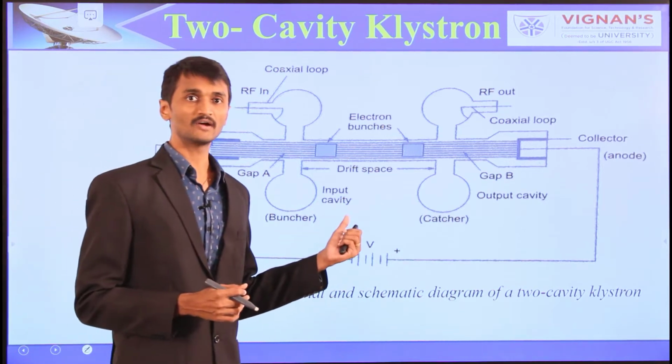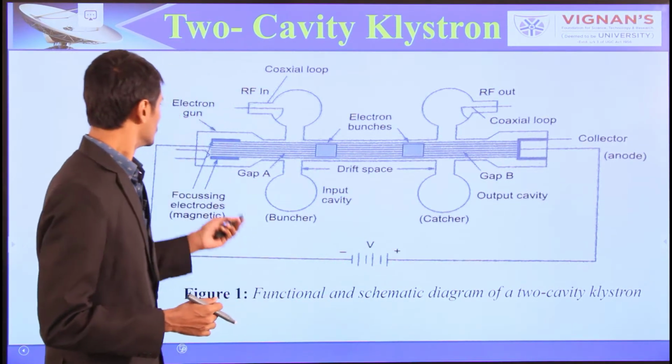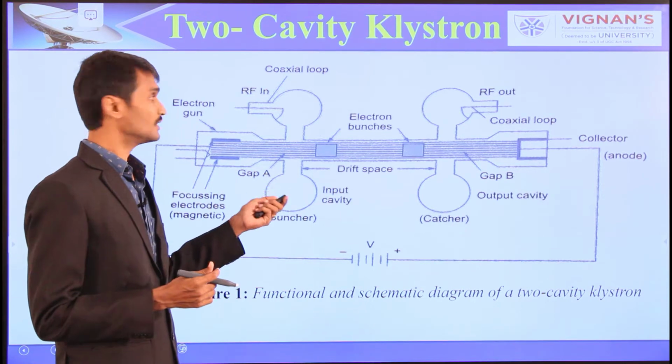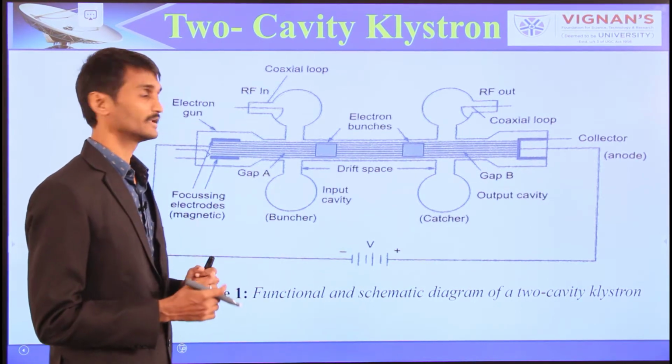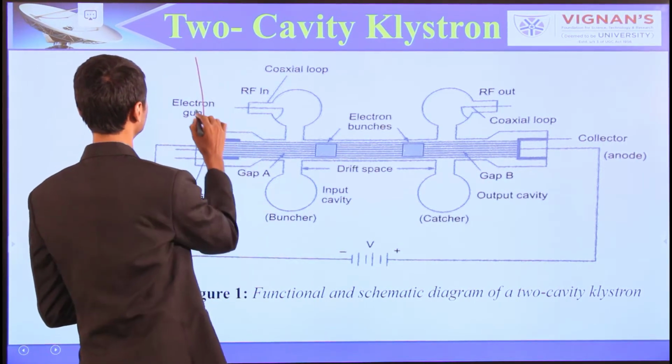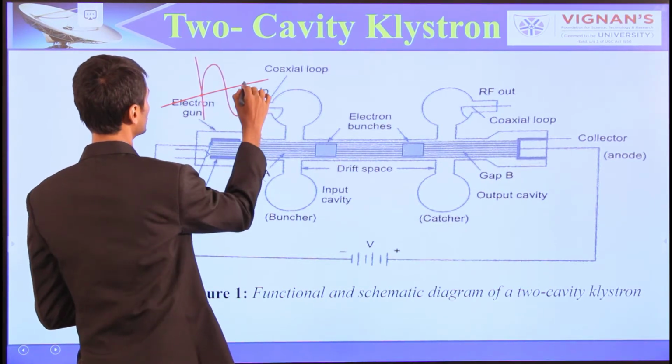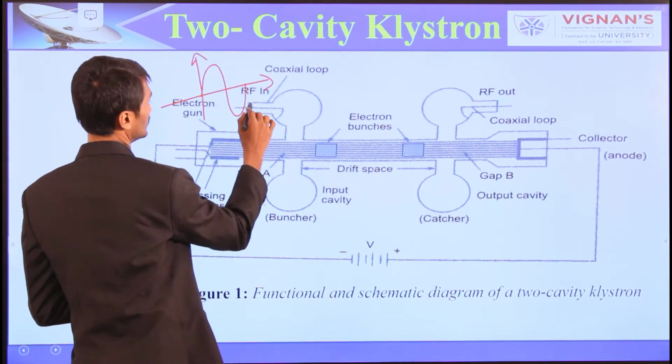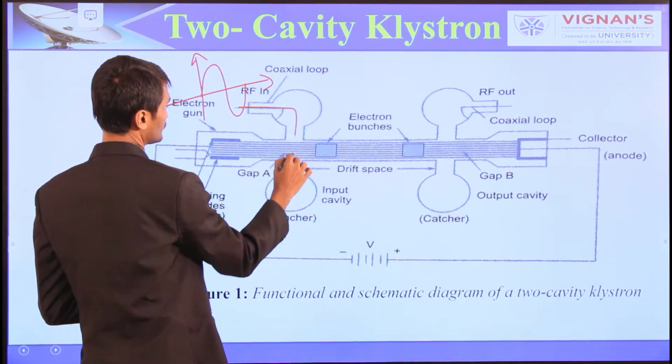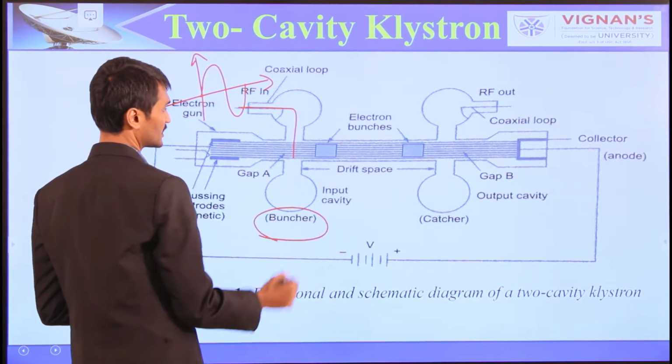So here it is the two-cavity klystron amplifier. Once again, just a small review of the operation. Here we are applying the RF input signal, which is to be amplified, through a coaxial cable into the buncher cavity, that is the input cavity.